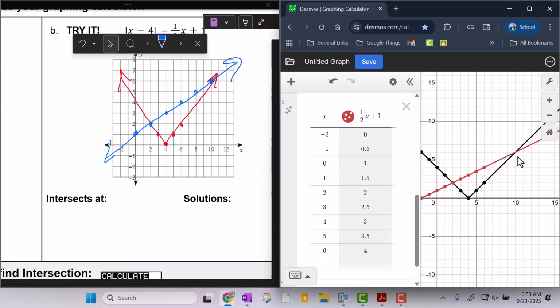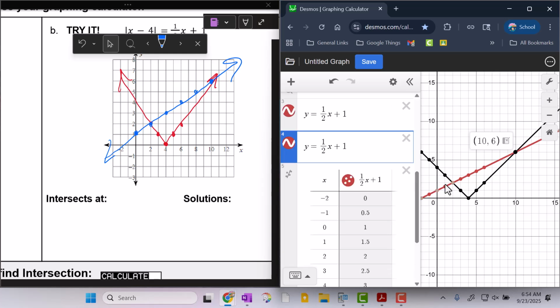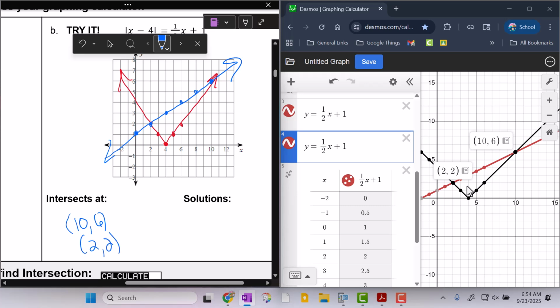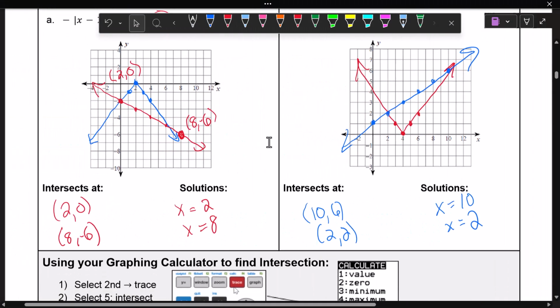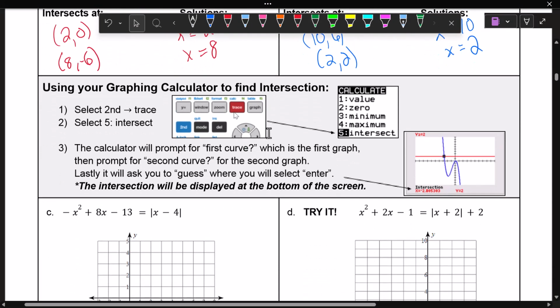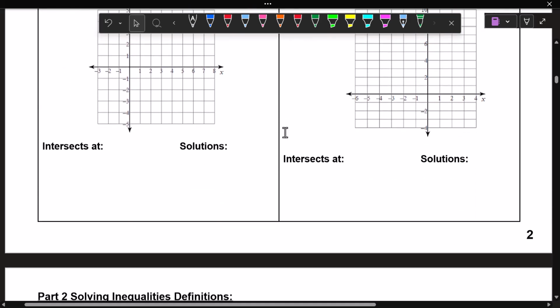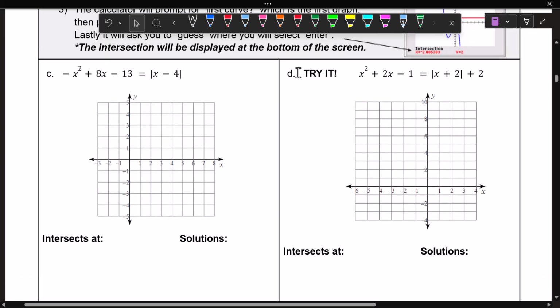So we have intersections here and here. So that's 10, comma 6 and 2, comma 2. So x equals 10 and x equals 2. All right, so there are the directions for the calculator, but we're using Desmos, so it doesn't really matter too much.